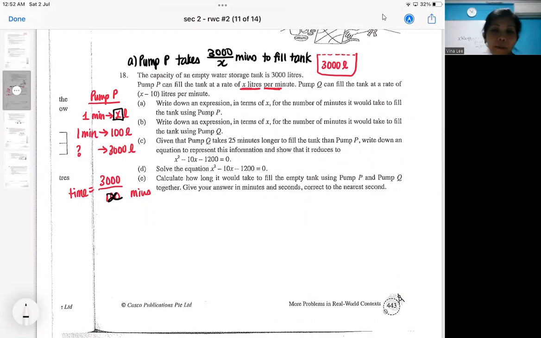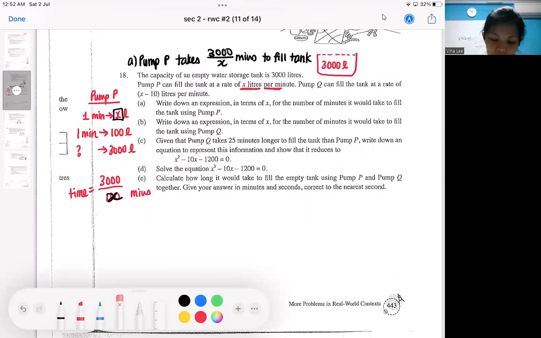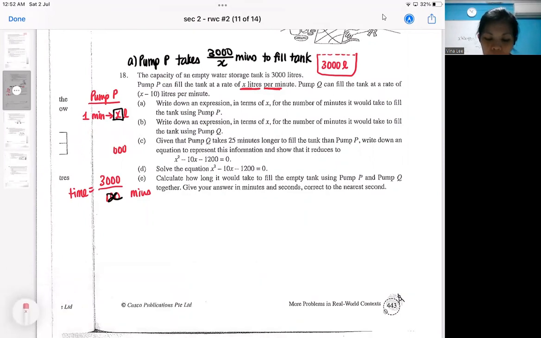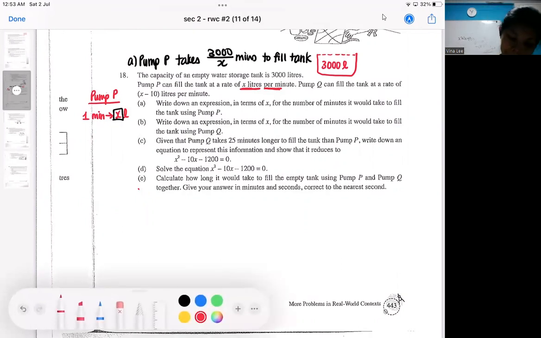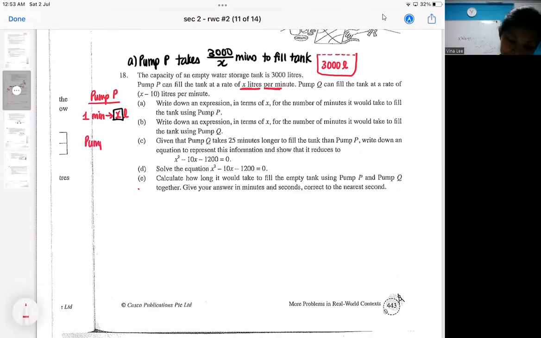So again, you play with numbers to help facilitate your thinking. That will also help in the other one. So we have another pump Q. In 1 minute, it will fill up X minus 10 liters.